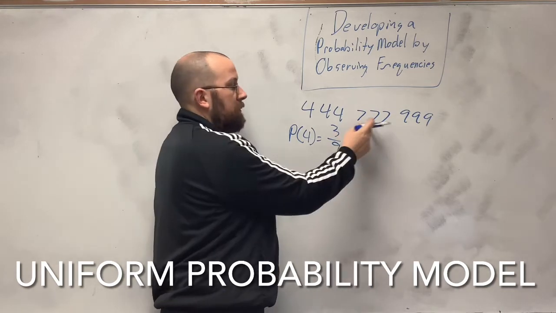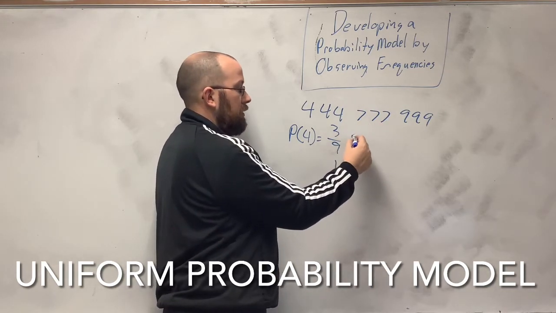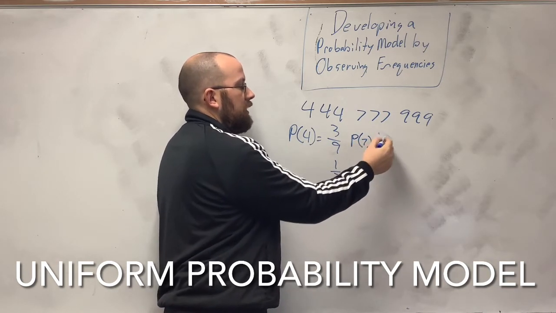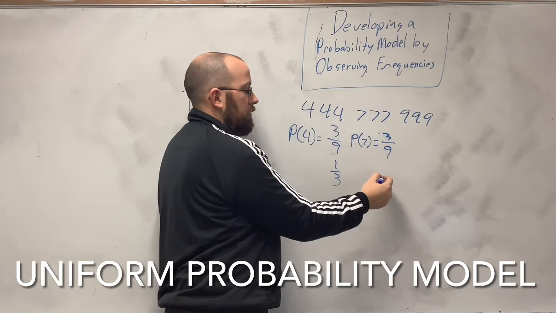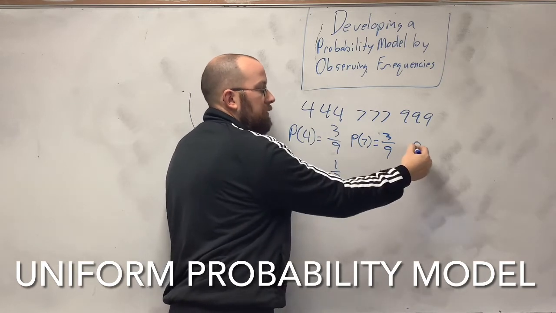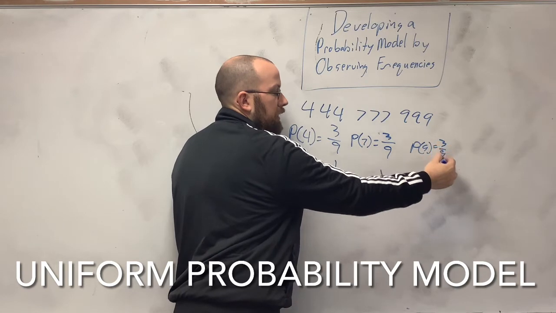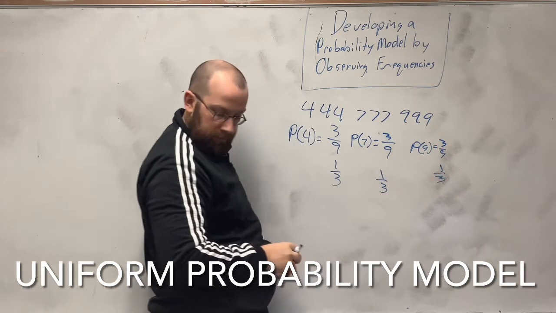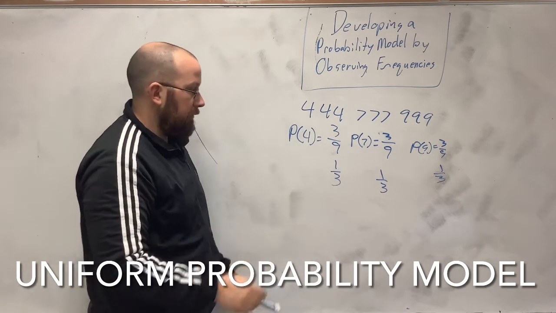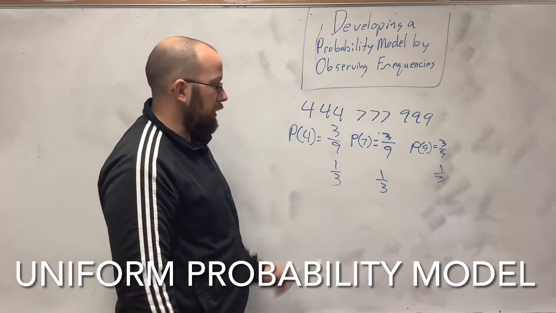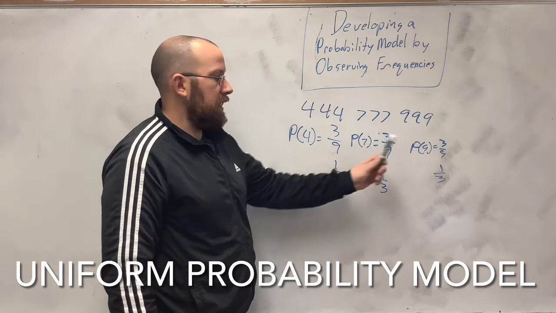What's the probability of me getting a 7? 3 over 9, 1/3. Probability of me getting a 9, 3 over 9, or 1/3. So this is uniform probability. It's all the same chances.